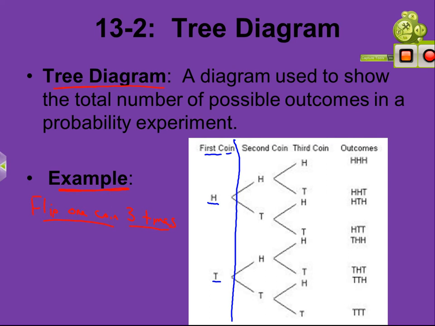If we flipped the coin a second time, from a heads we have a heads, heads, and a heads, tails. We had a tails, heads, and a tails, tails.